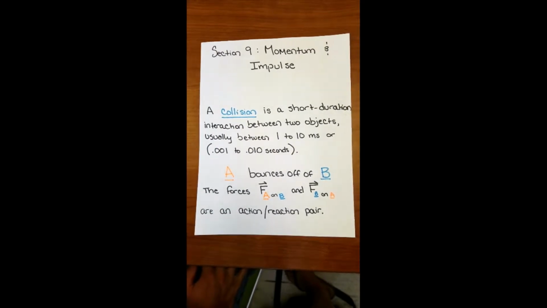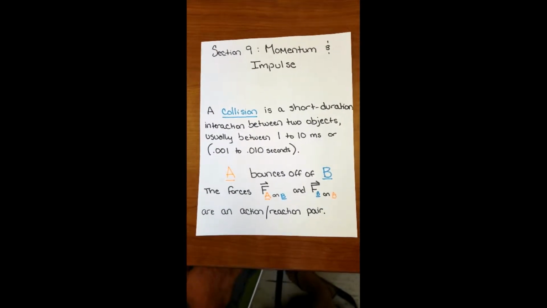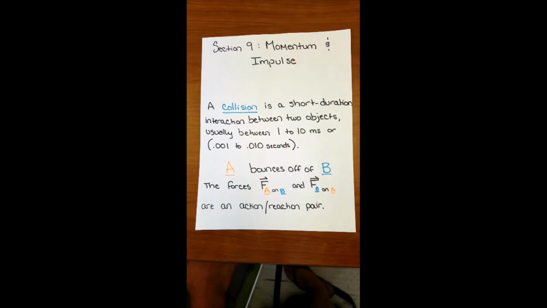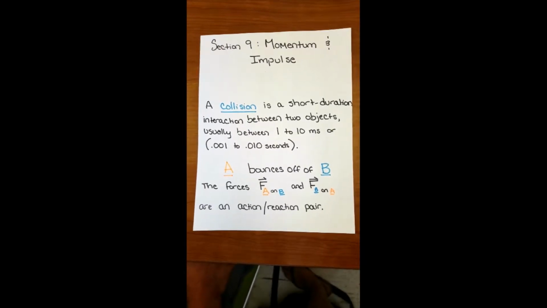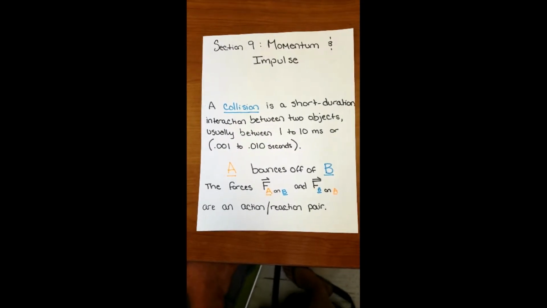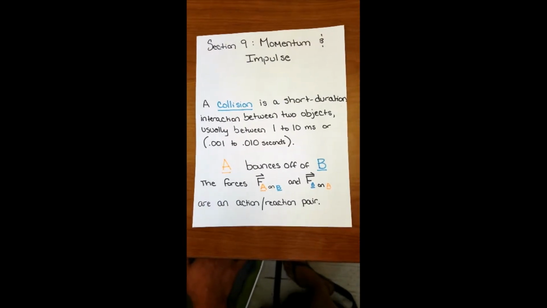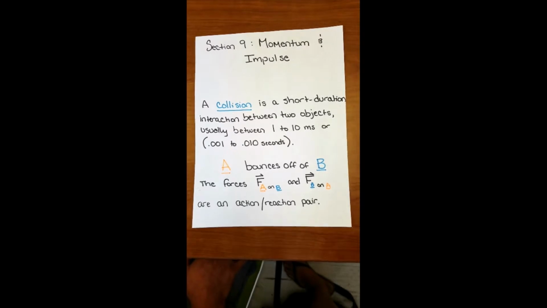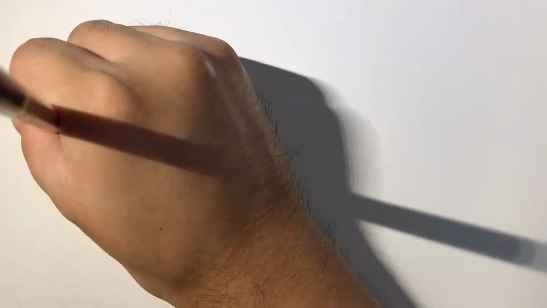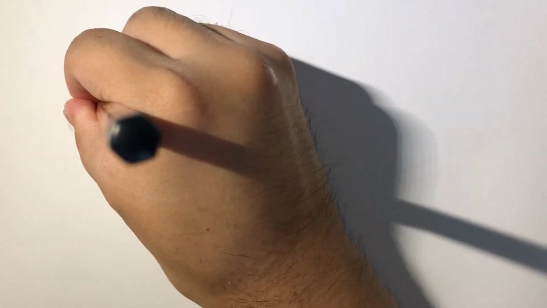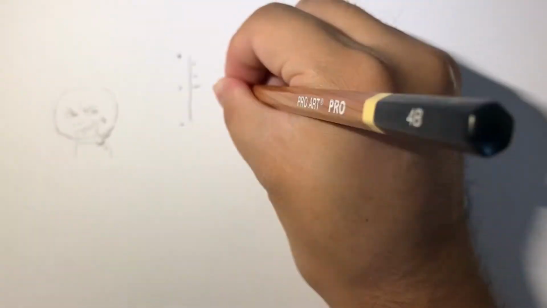A collision is a short duration interaction between two objects, usually between 1 and 10 milliseconds, or 0.001 to 0.01 seconds. If A bounces off B, the force of A on B and the force of B on A are action-reaction pairs. Then, there is an easy way to show the amount of change in momentum by using a momentum bar chart.